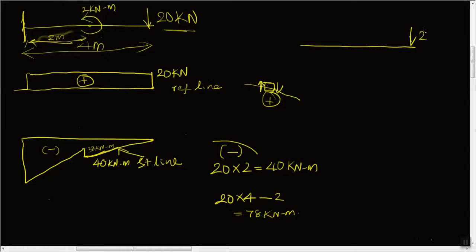The load here is this 20 kilonewton load, and we have one more load in the middle, that is the 2 kilonewton meter moment. Here is our 2 kilonewton meter moment.